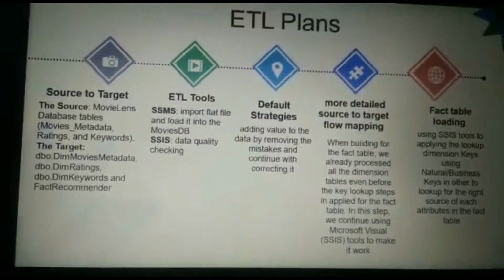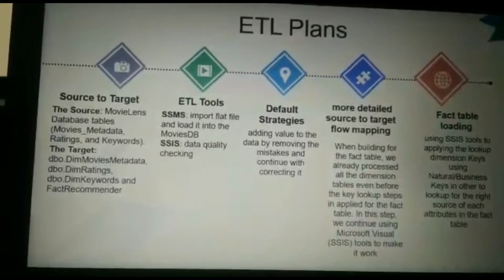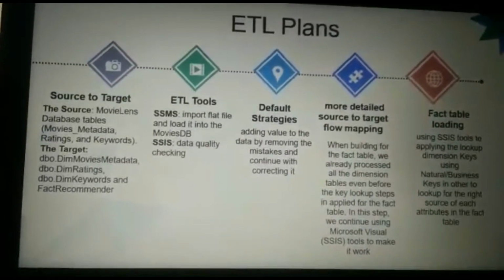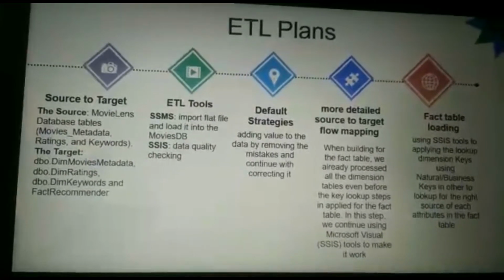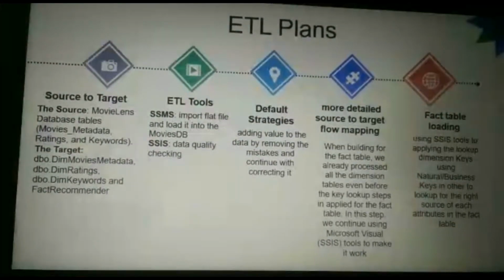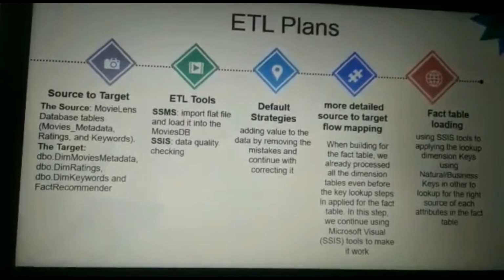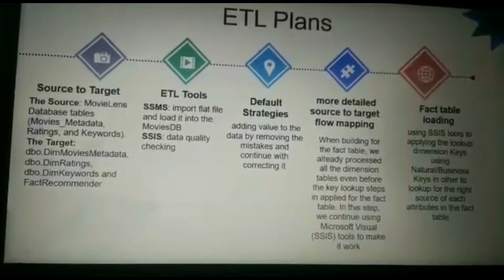Assalamu alaikum warahmatullahi wabarakatuh. My name is Zalikha binti Jaafar, and I'm going to continue the presentation video of our group. The next phase is about the ETL plans. For the first part of the plans, our group did the source to target mapping.